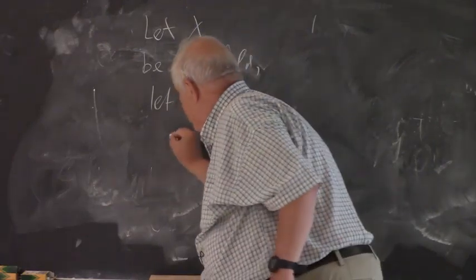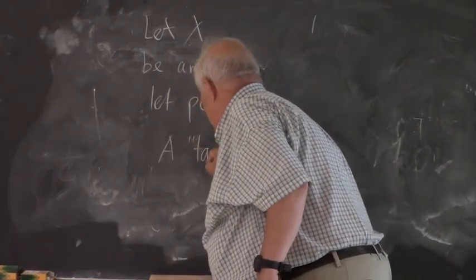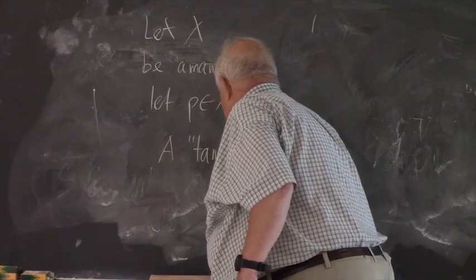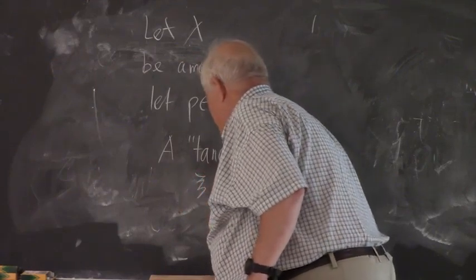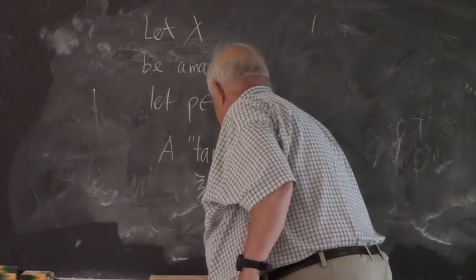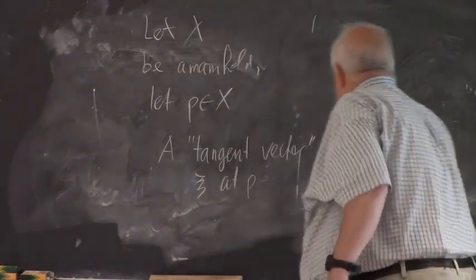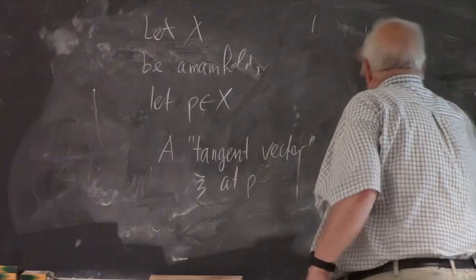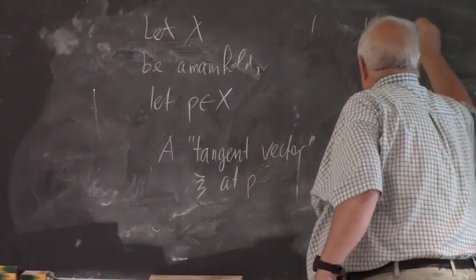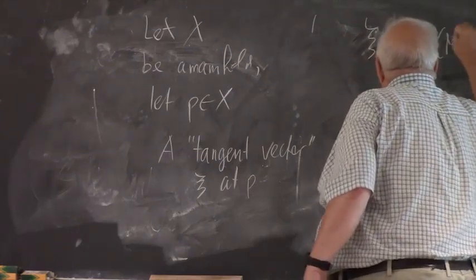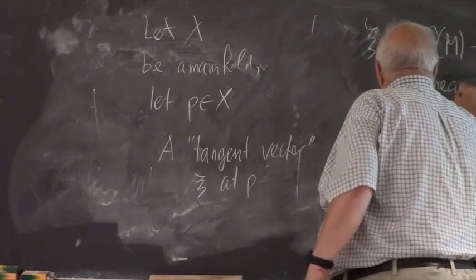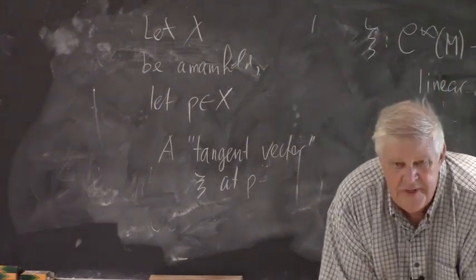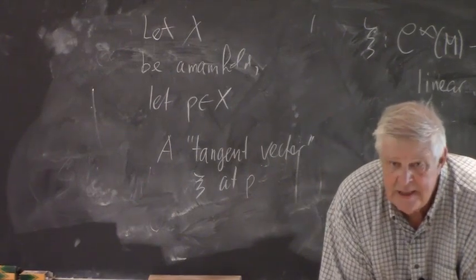A tangent vector Xi at P is a linear map of the space of all smooth functions on your manifold.